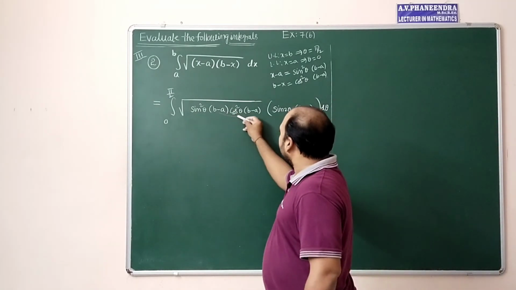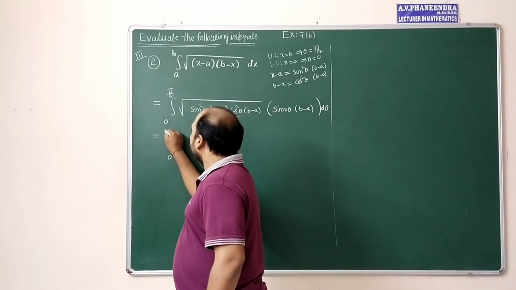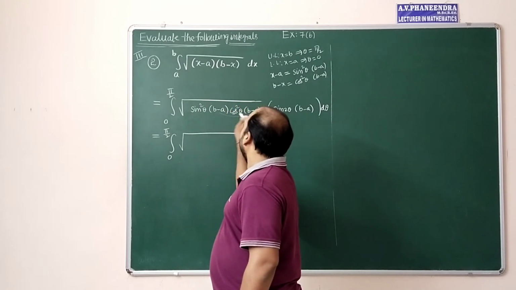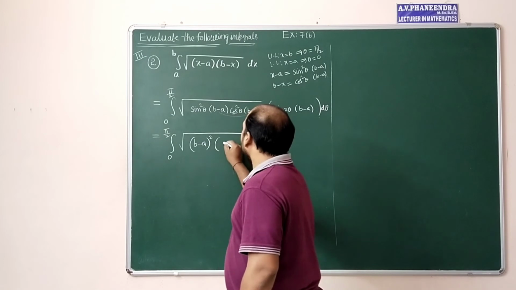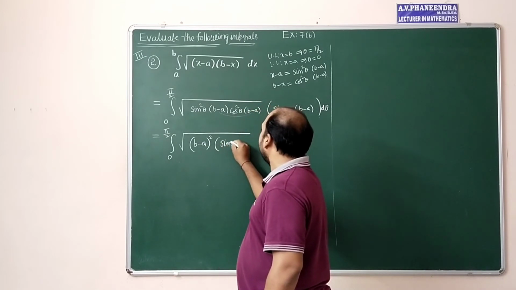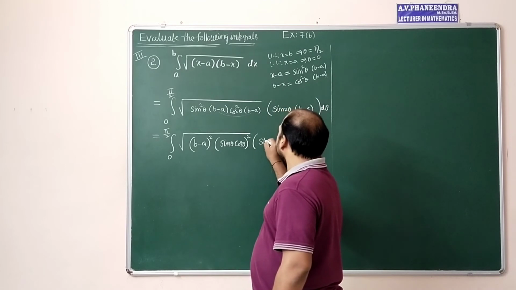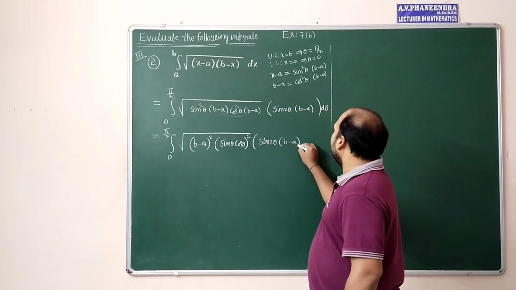B minus a into b minus a, integral 0 to pi by 2 square root of b minus a whole square into sin theta into cos theta whole square into sin 2 theta into b minus a into d theta.